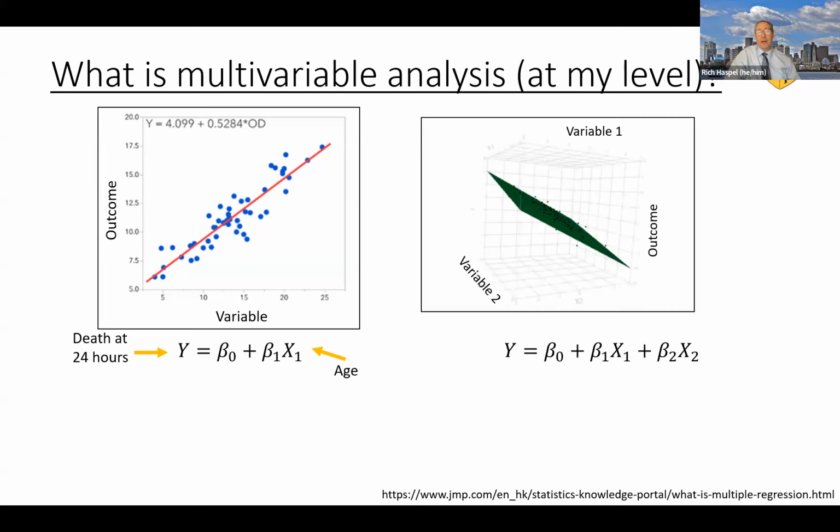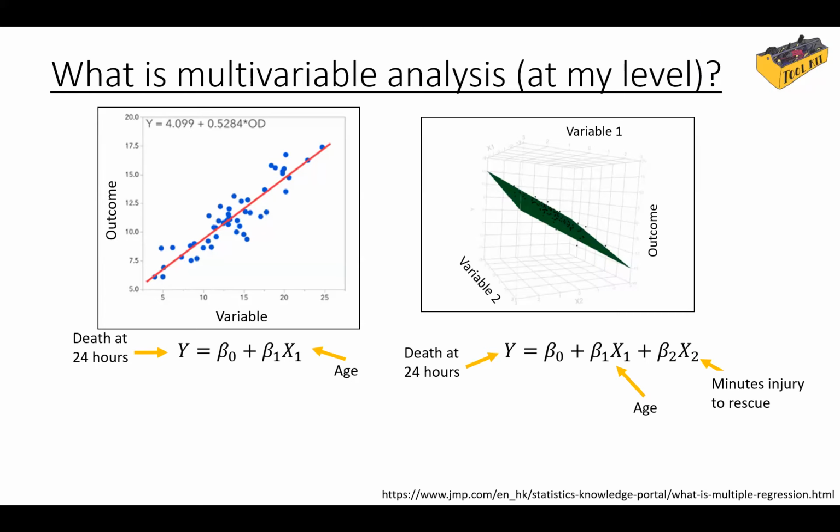As people get older, they're more likely to have death at 24 hours. And what you can do when they talk about multivariable analysis is like putting this in multidimensional space. So you still have the same outcome, but you can have different slopes to adjust for things like age, minutes of injury to rescue, whatever.